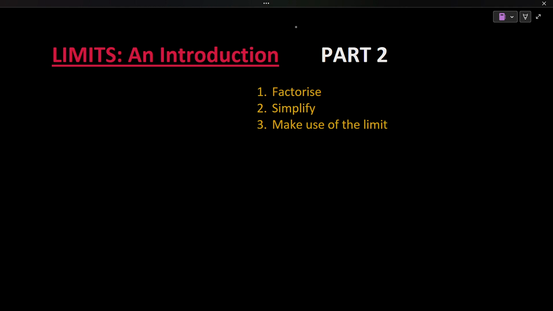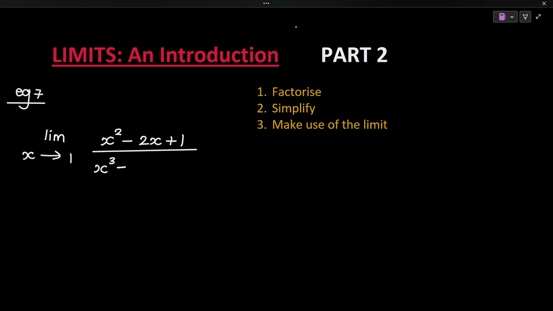Okay, let's just look at one last example. This is going to be example 7. So we have the limit as x approaches positive 1, and the function is x squared minus 2x plus 1 all over x cubed minus 2x squared plus x.